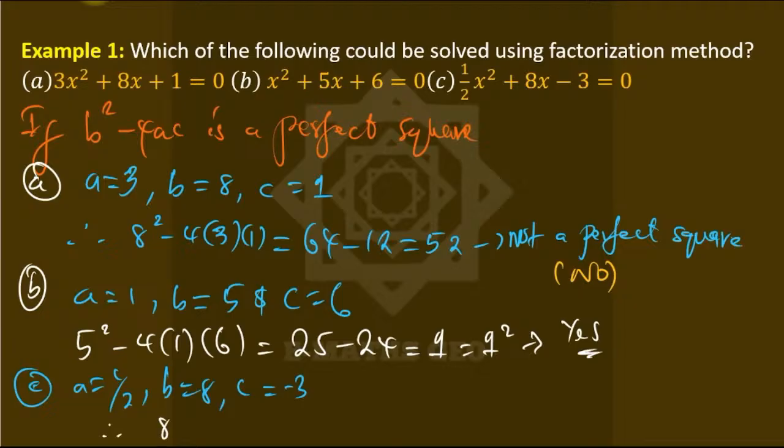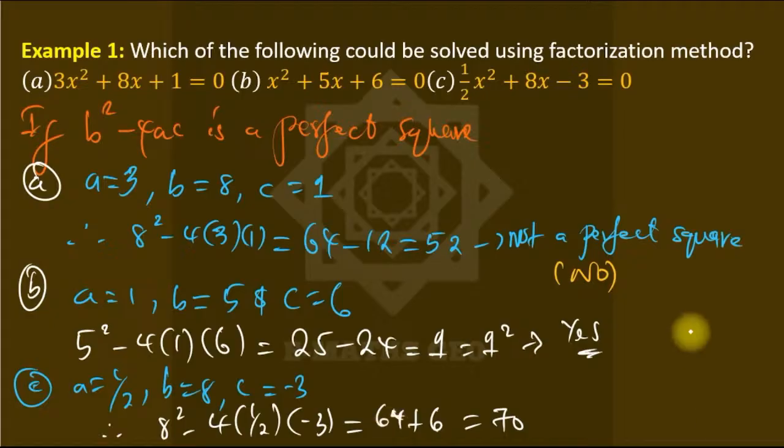Therefore, we have 8 squared minus 4 times A is half, C is minus 3, which is 64 plus 2 times 3 is 6, which is 70. So no. The answer is no, because 70 is not a perfect square. So it's only this second one to be solved by factorization.